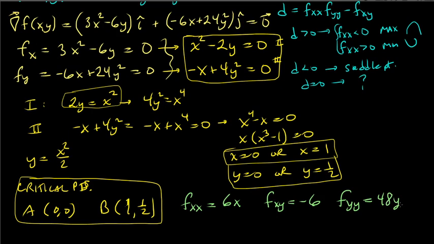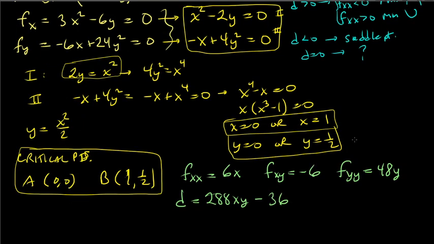Right, so that means d is going to be, well, 6 times 48 is 288 times x times y, minus negative 6 squared is 36. Okay, so that's d.